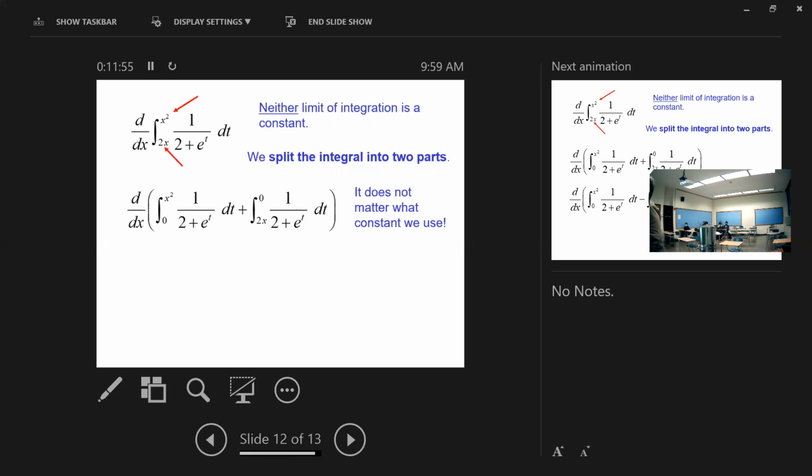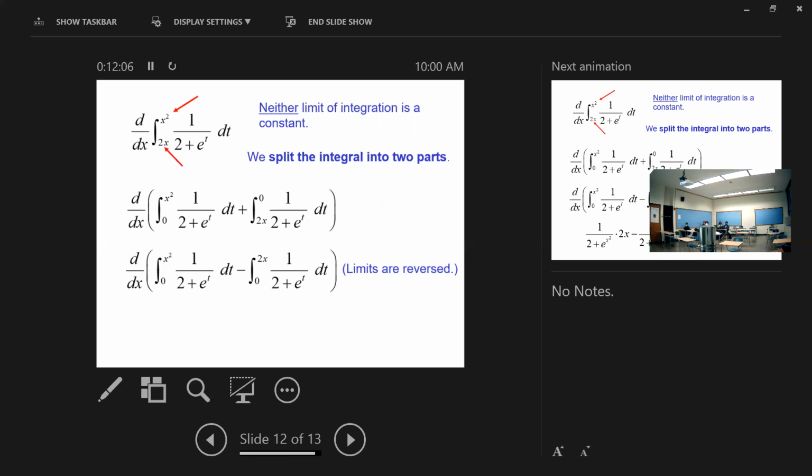So now what? We do these separately, except this one is upside down. We make this subtract this, reverse the limits. Yes. Now we're going to use the chain rule.